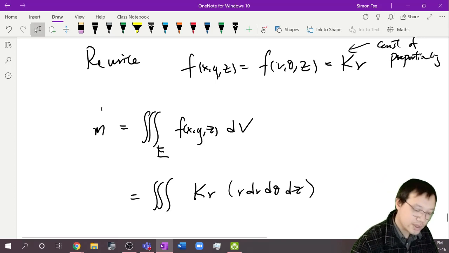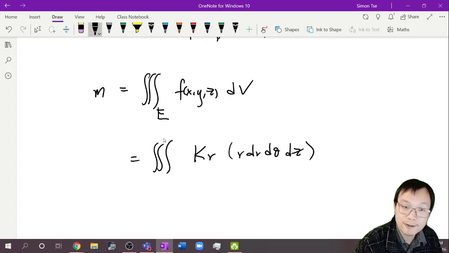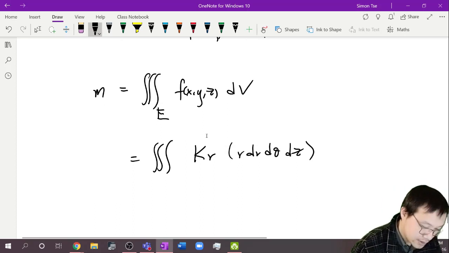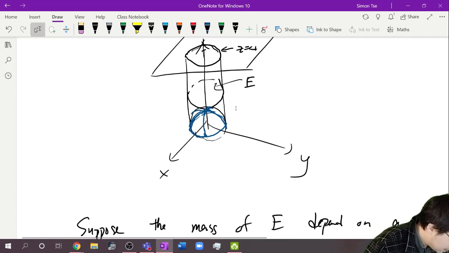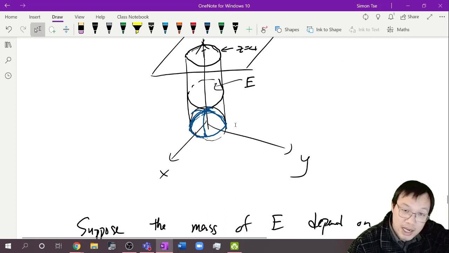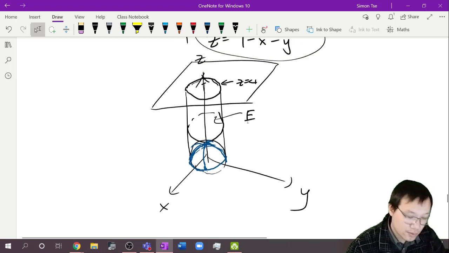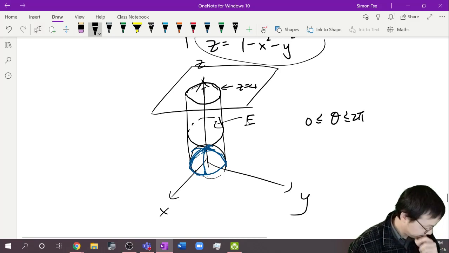Okay, so you get things easier for the element of integration and also the description of the density function. And this is our mass. And how about the range of integration? In theta, if you're rotating about the z-axis, theta gives the angle, and you're doing a full rotation. So theta here is nice, from 0 to 2 pi.